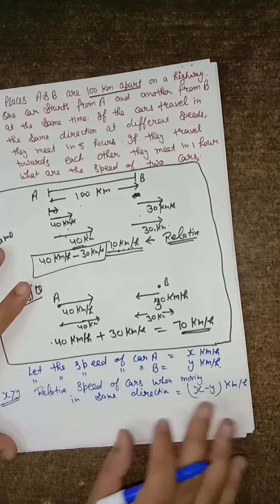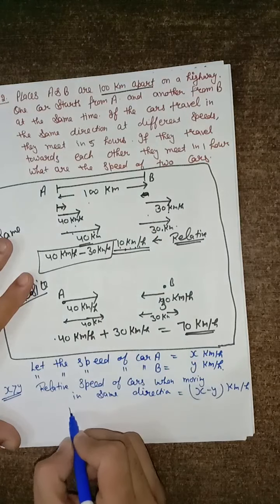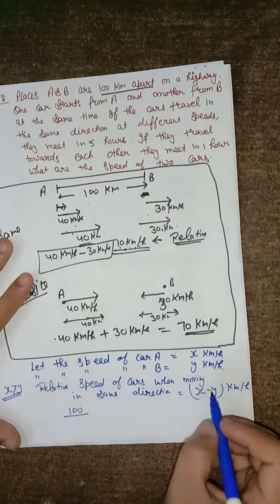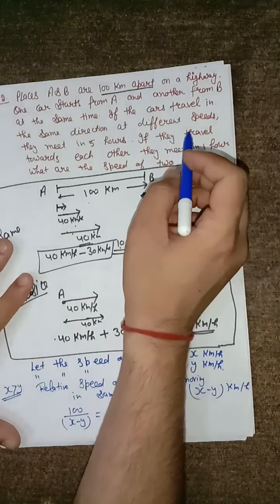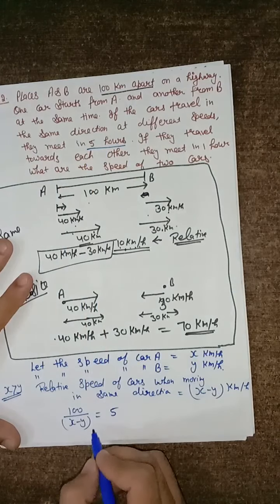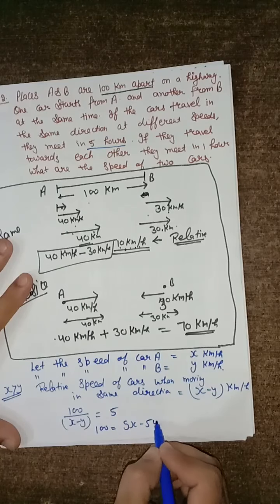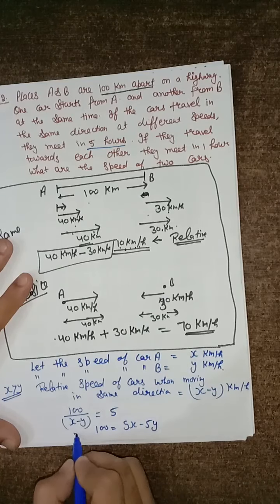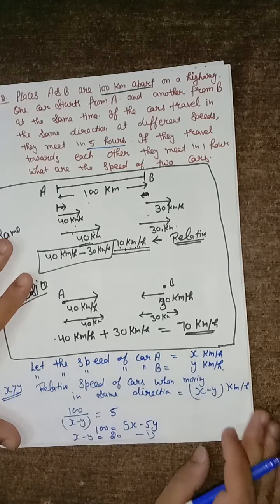Now according to the statement, 100 kilometer distance divided by speed x minus y equals time, which is given as 5 hours. And my 100 becomes 5x minus 5y, or we can say x minus y equals 20. This is my first equation.